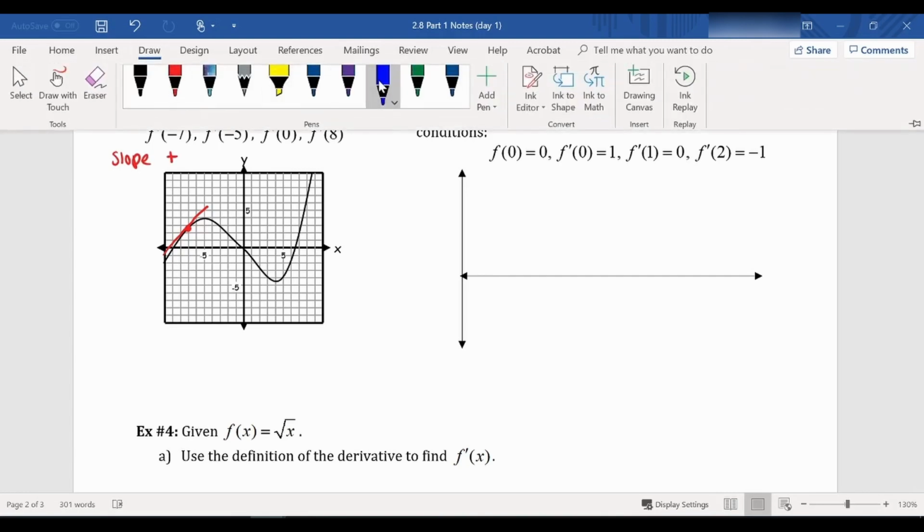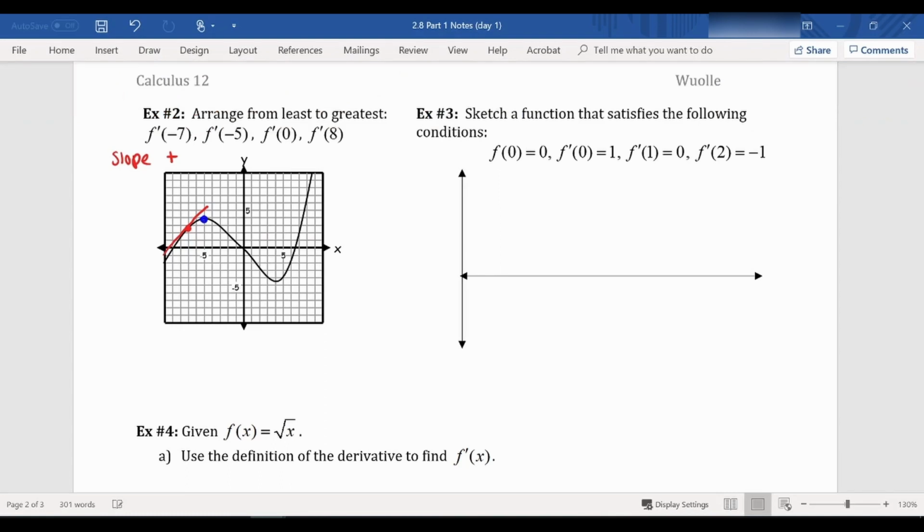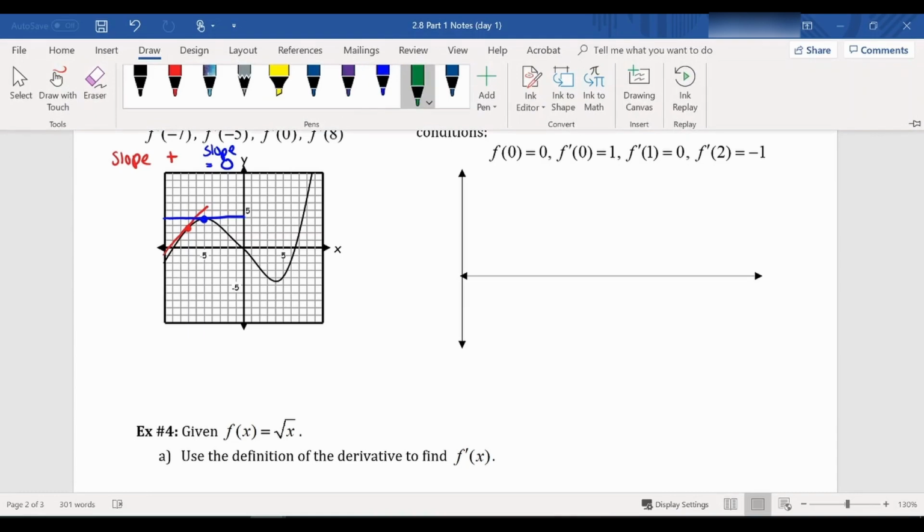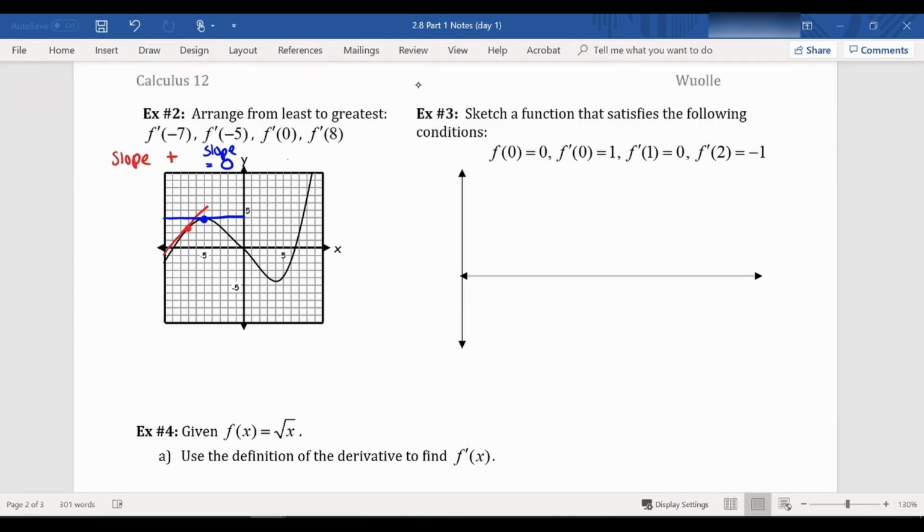If I go over to -5, if I had a point there and I drew myself a tangent line, my slope here would be 0, my slope of that line. If I go over to 0, draw a point, draw a line that looks like it kind of touches that point and only that point as best we can, this one has a slope that is negative.